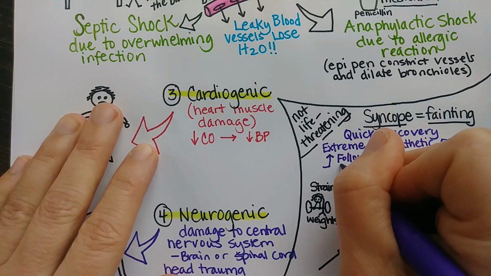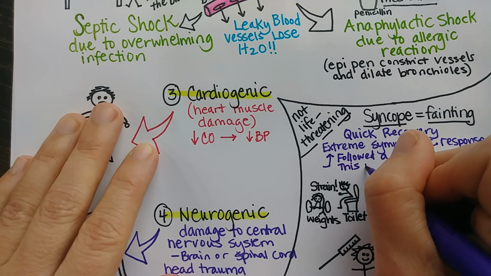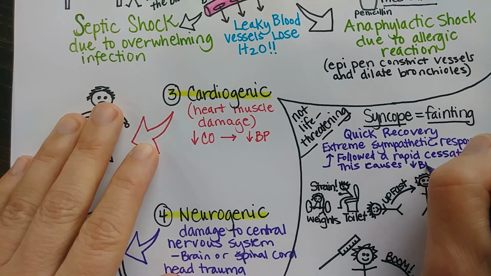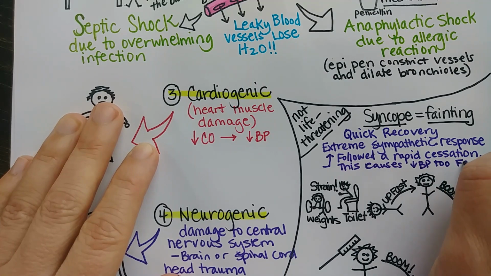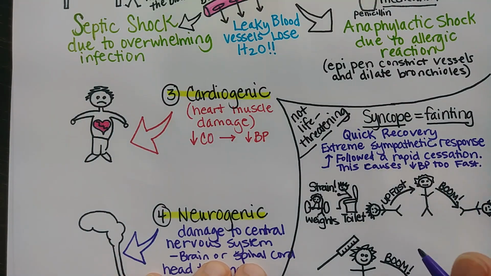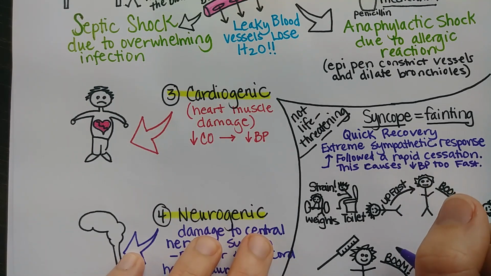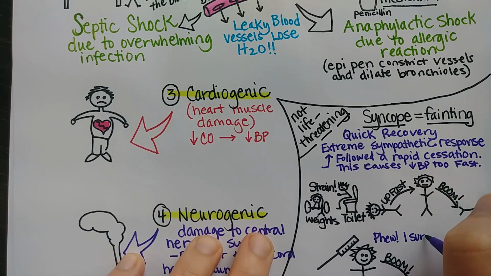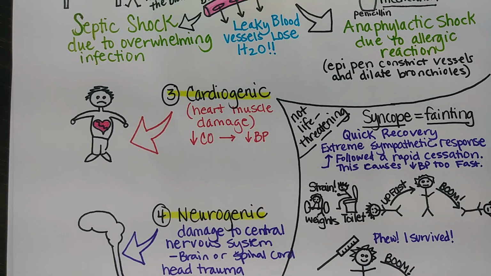And this causes too rapid of a decrease, and then they might faint. So that is oftentimes what happens when someone says, phew, I survived. And then boom, right after that, they might faint.